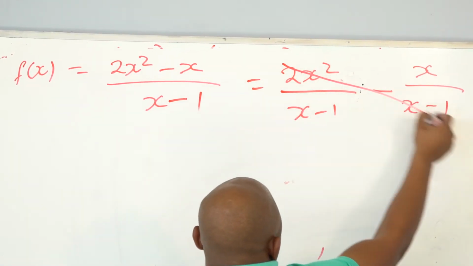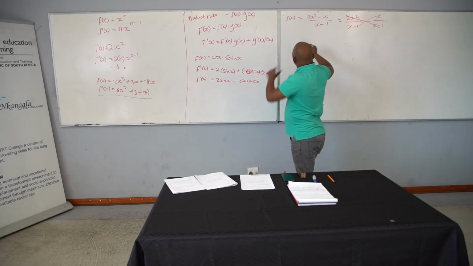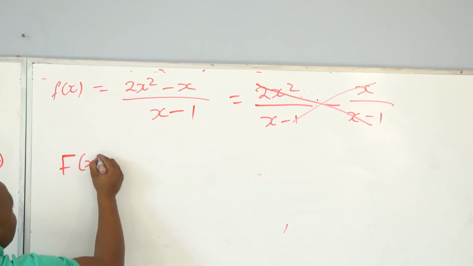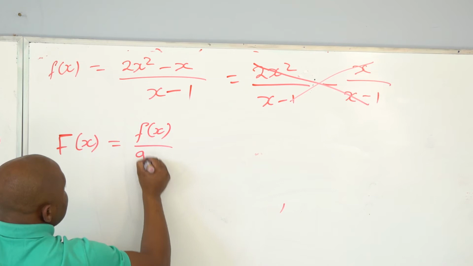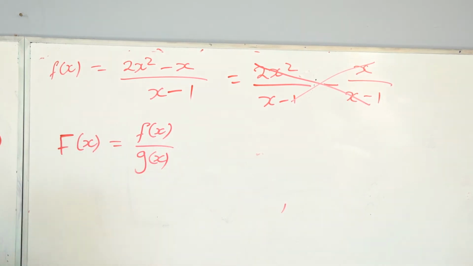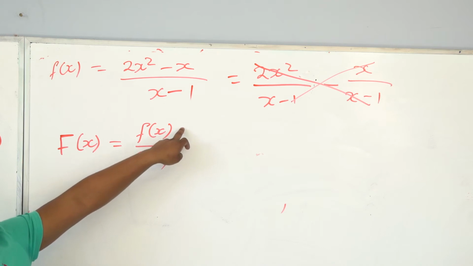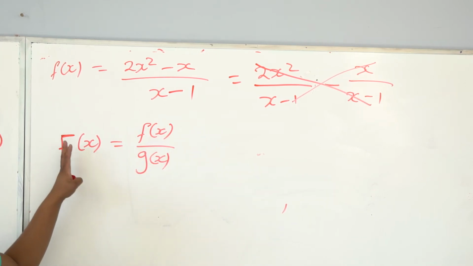Rather, forget about this and focus on what we call the quotient rule. So the quotient rule states like this. If you have a big function whereby you have f(x) over g(x), when you divide f(x) with g(x), how are you going to get the derivative of that?